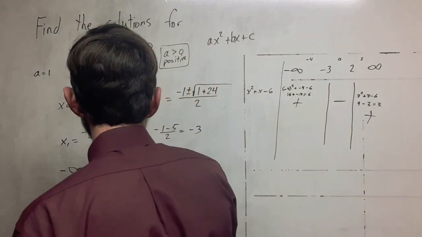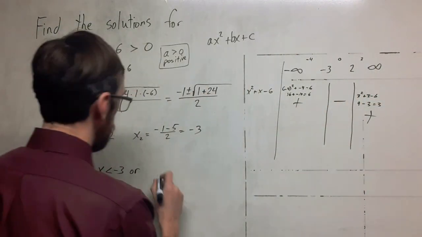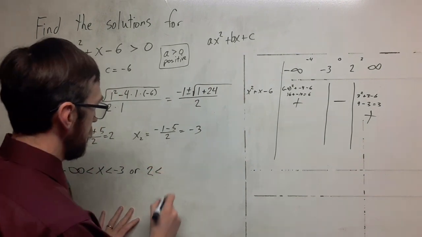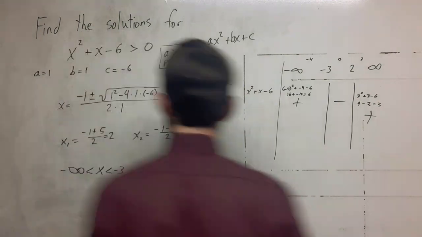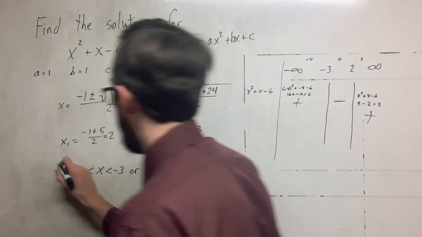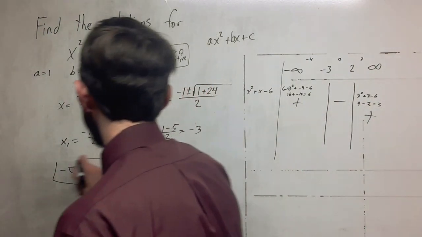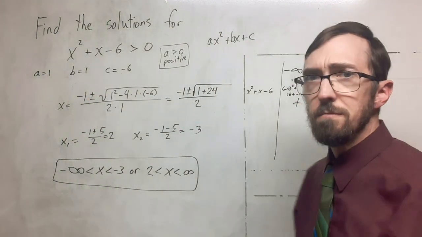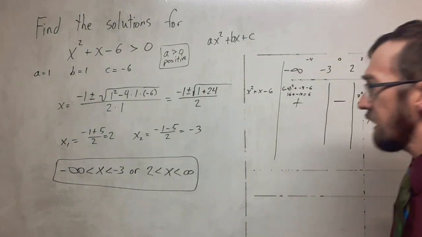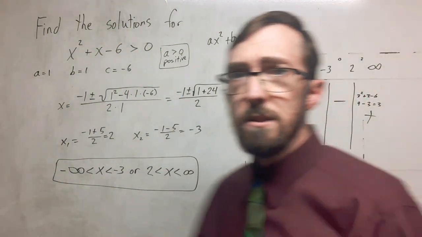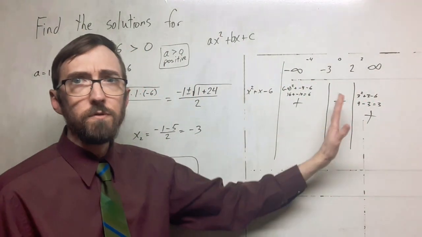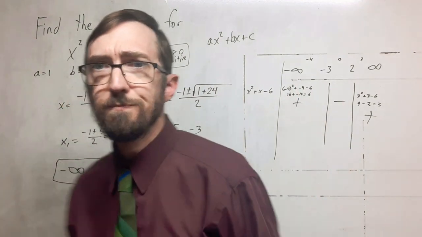Or we can look at this other interval, which is 2 is less than x, which is less than positive infinity. So all of these x's will work to make this statement true. And you can choose other random values if you would like to test this out. We essentially did a random value test in this chart.